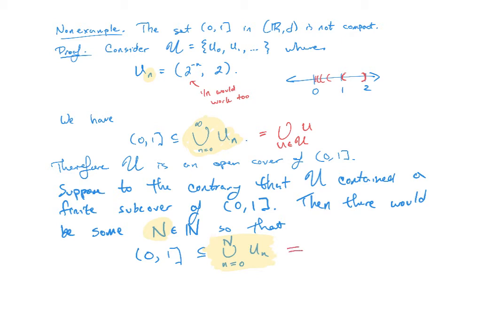One thing to notice is that these U_n are nested. They get bigger and bigger as n gets larger. So really the union of a bunch of them is just the last one.